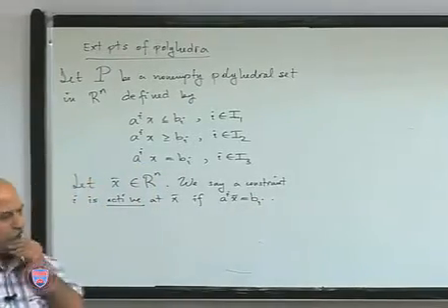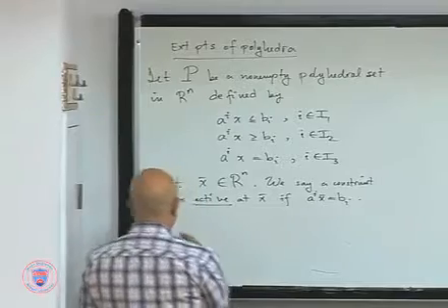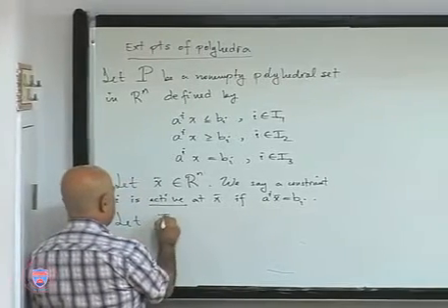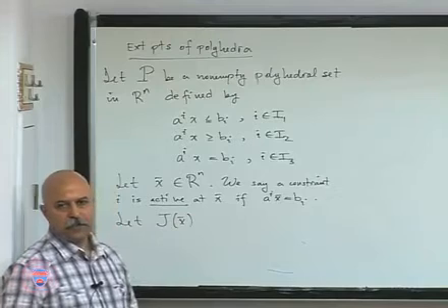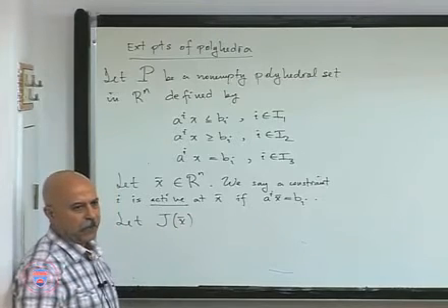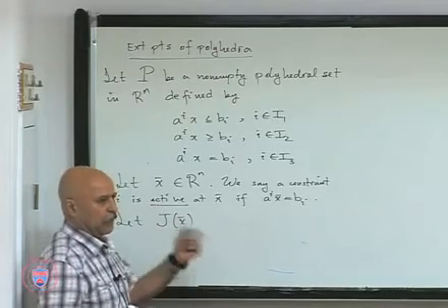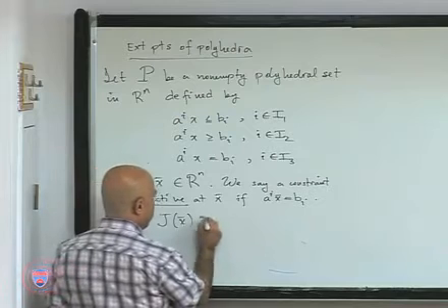Okay? So, for any such point, let's define J of x bar to be the set of indices of active constraints.